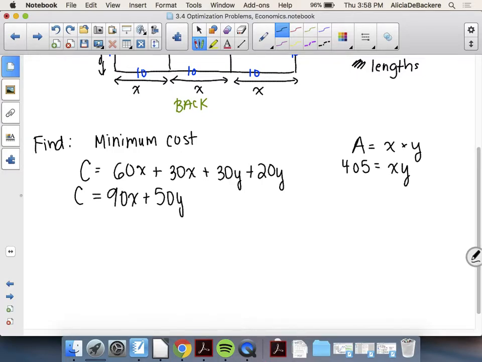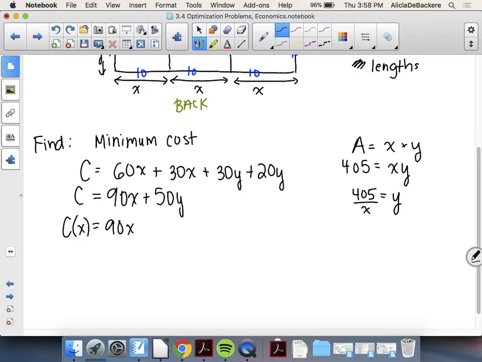So I can use this expression to simplify my cost expression down to 2 variables, cost and one of the others, x or y. So I'm going to do cost in terms of x, which means that I need to get rid of the y. So I'm going to solve so this looks like y equals 405 over x.